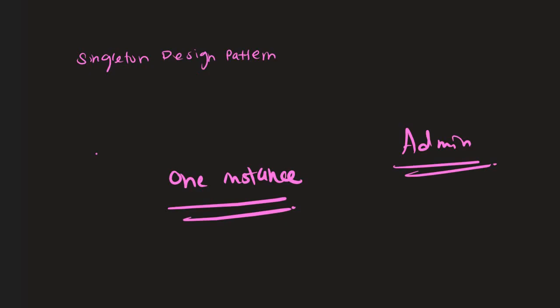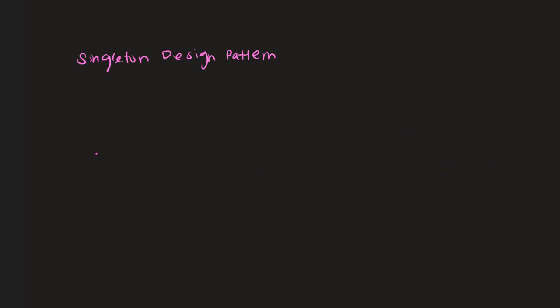This is where the Singleton pattern comes in handy, because with the Singleton Design Pattern we can make sure that only one object of the admin exists within the system. No matter how many times the system asks for the admin, it always gets the same admin instance. Okay, so let's see that in the code, so it makes better sense.